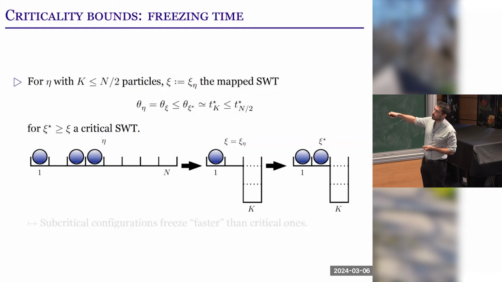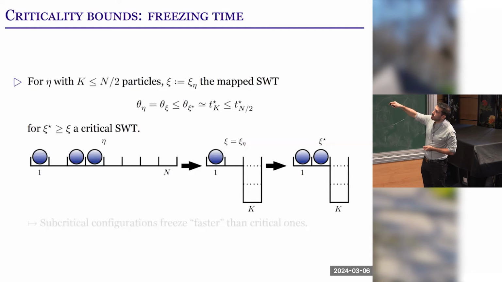So here I have an illustration of this. You start from a FEP configuration. You map it to a SSEP with traps, which is subcritical as well. Well, the transience time for this one is going to be smaller than the transience time for this critical configuration here. But the transience time for a critical configuration, we know, is T_k star, where k is the number of particles in the initial FEP.